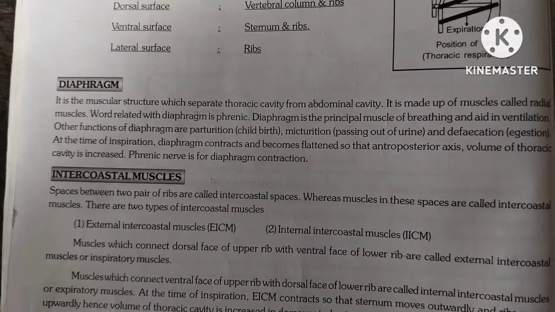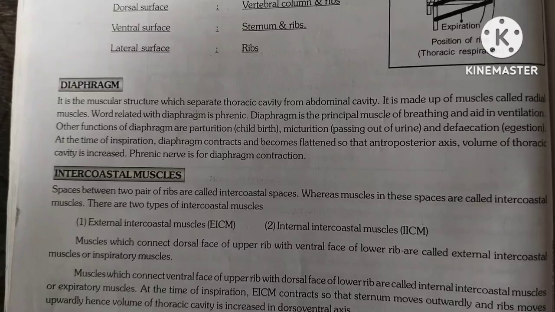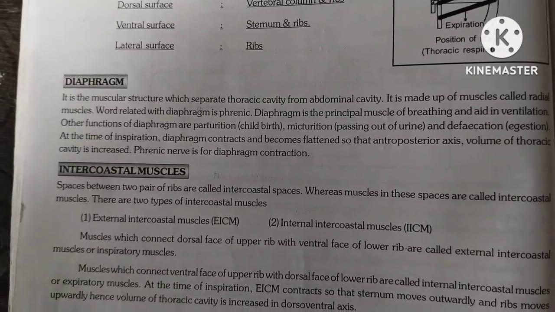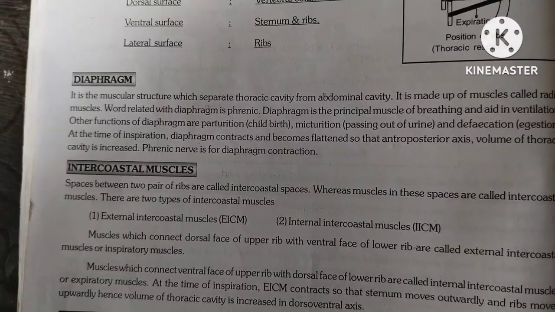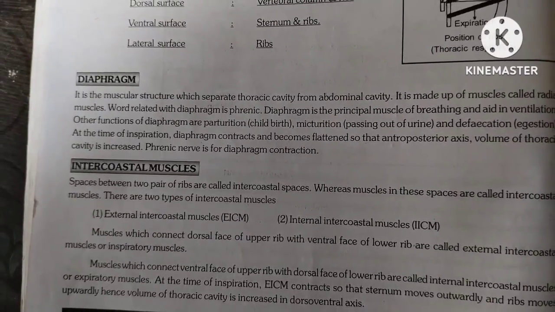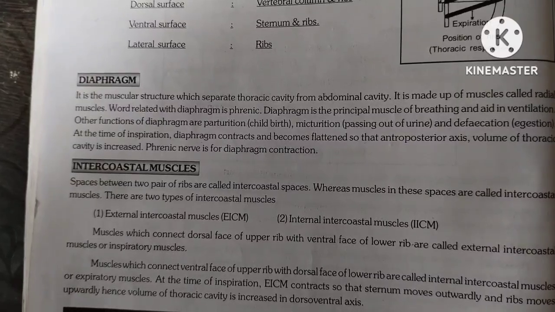Diaphragm. It is the muscular structure which separates the thoracic cavity from the abdominal cavity. It is made up of radial muscles. The word related with diaphragm is phrenic. Diaphragm is the principal muscle of breathing and aids in ventilation.